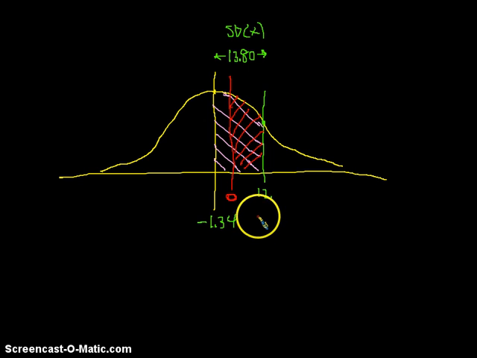So having the standard deviation in addition to the expected value is pretty important. And I wanted to make sure that we could tie it back into the normal distribution that we studied before, since we do have a mean and we do have a standard deviation.